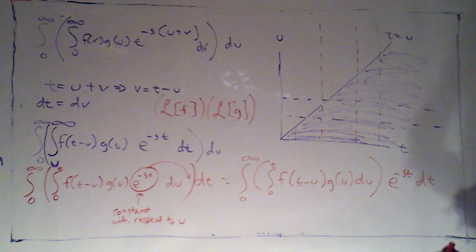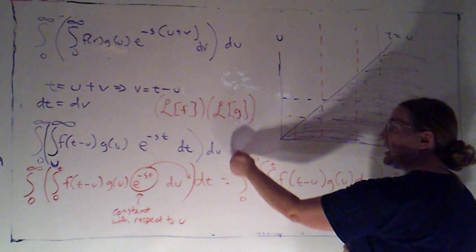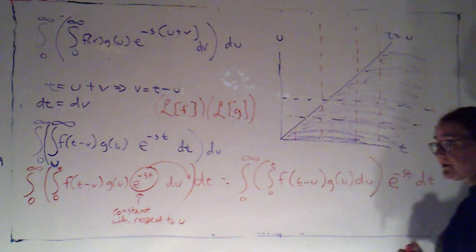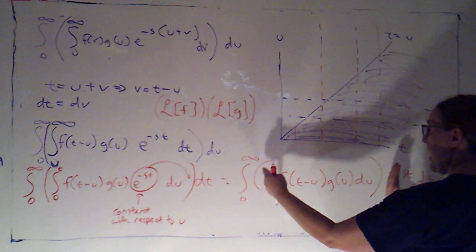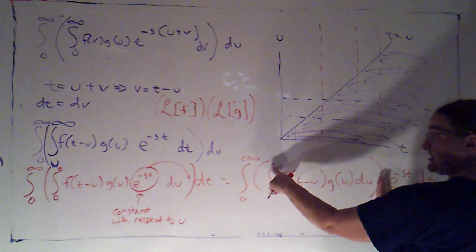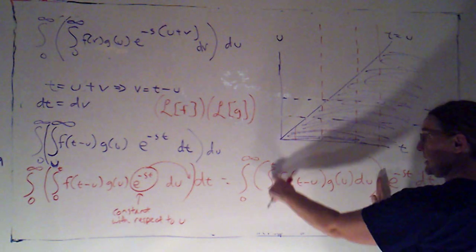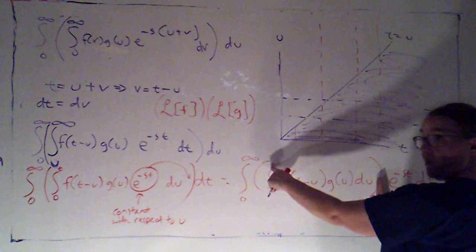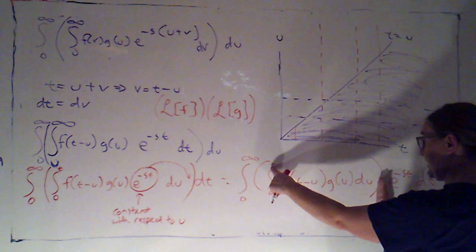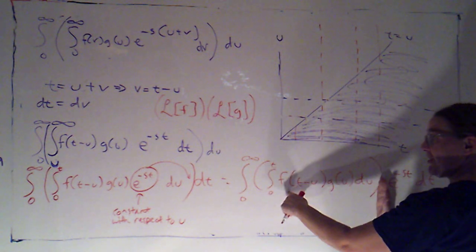Okay, so this is now an improper integral from 0 to infinity of this thing, which is a function of t. The upper limit of integration is going to be the variable for this thing. u is just a dummy variable.